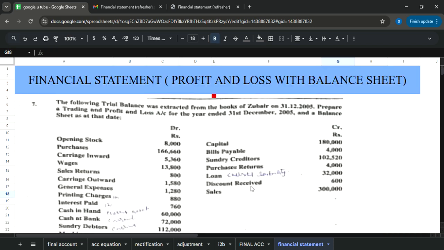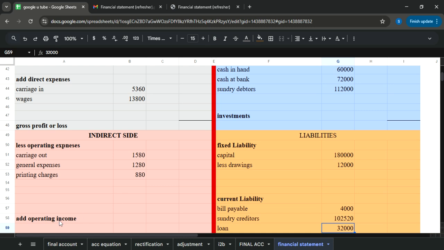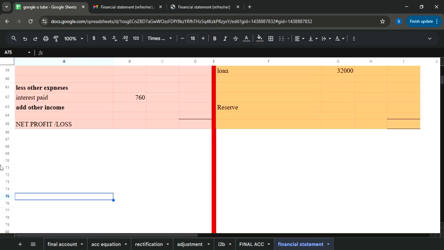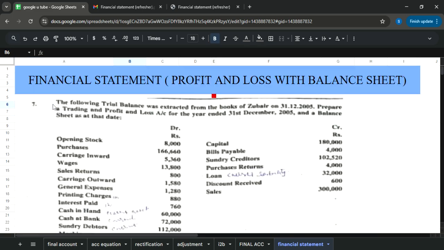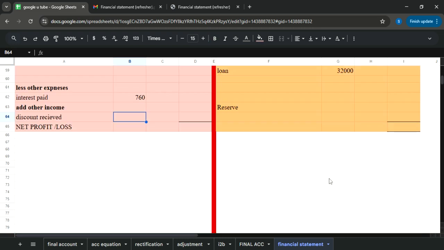You are receiving discount, so it's a good thing, favorable thing, income. You will choose your income side, and here other income would be for discount received. Let's see how much amount of discount received, that is 600. So you will mention amount in front of discount.